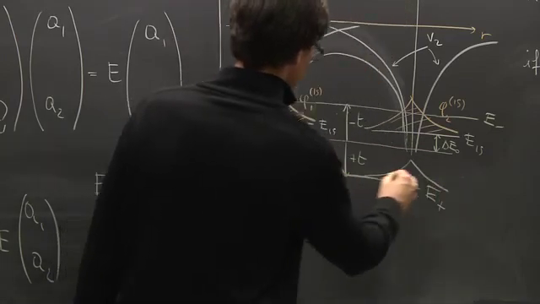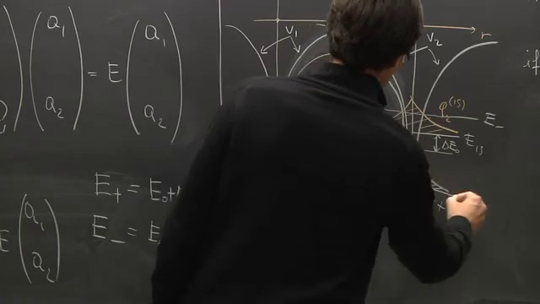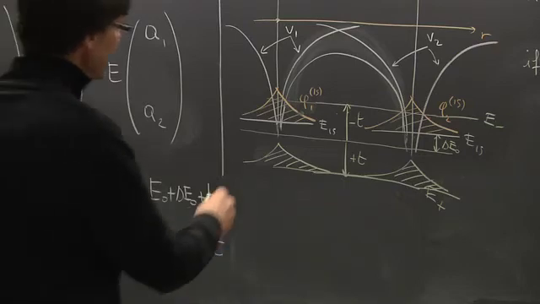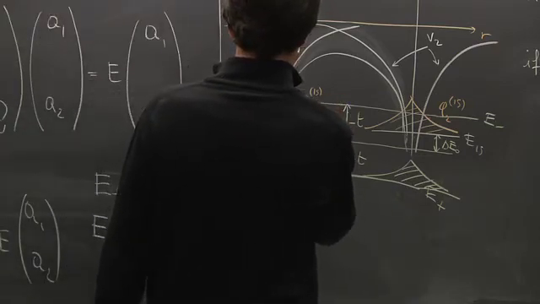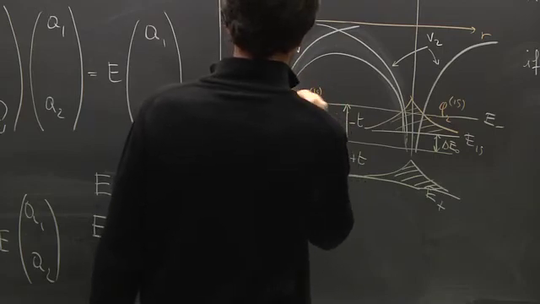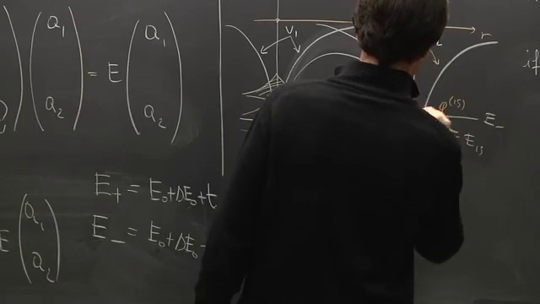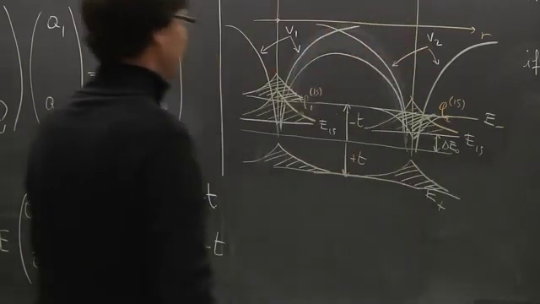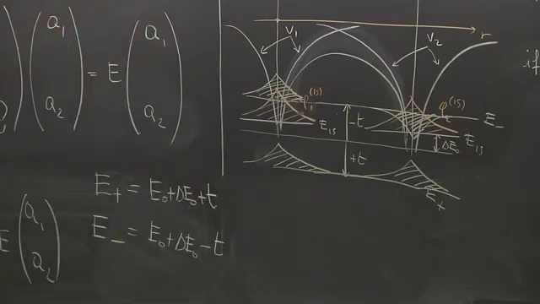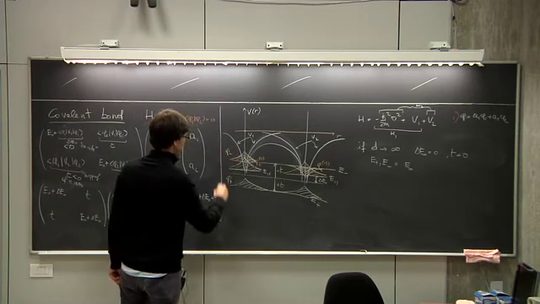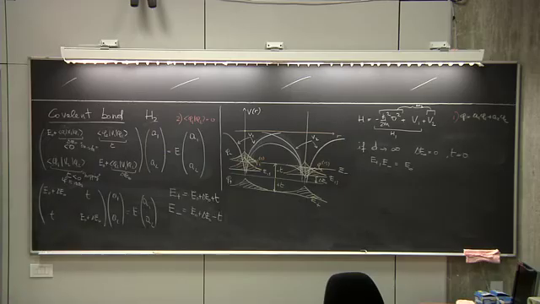The E plus state will have the two wave functions summed with the same sign, and E minus will be this wave function, and here minus the wave function. Okay? So phi 1 minus phi 2. This will be phi plus, and this will be phi minus.